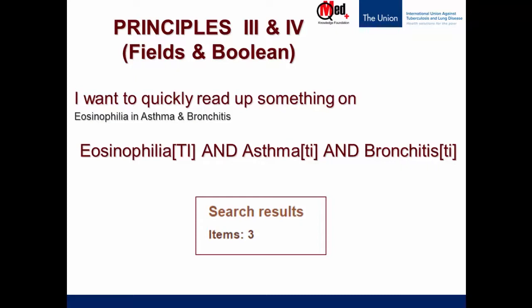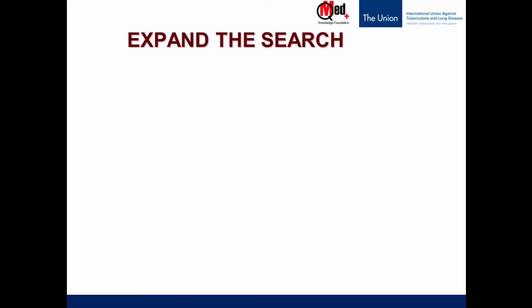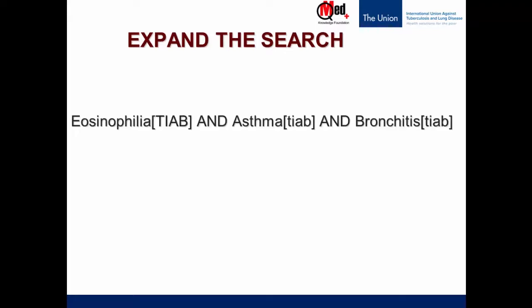Let's see what we can do. We can expand the search by changing TI to TIAB. That means we are looking for the words in the abstract in addition to the title. So we type eosinophilia TIAB and asthma TIAB and bronchitis TIAB.